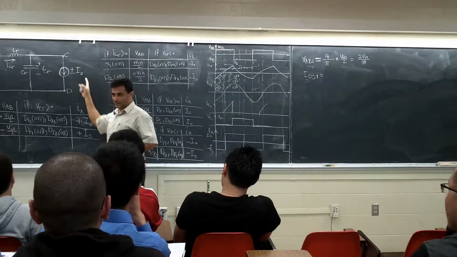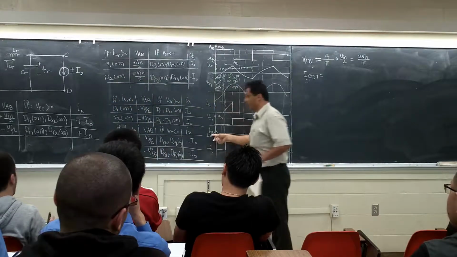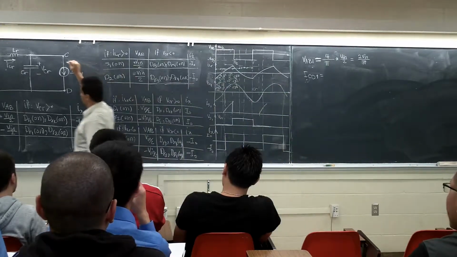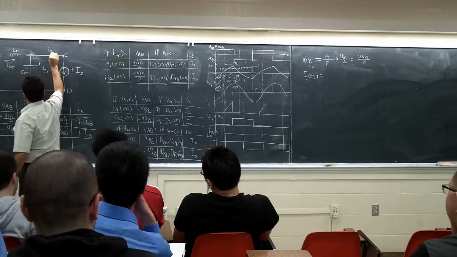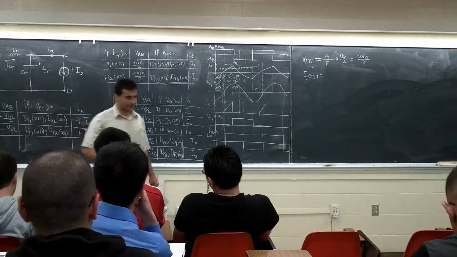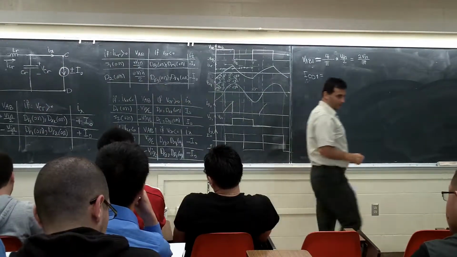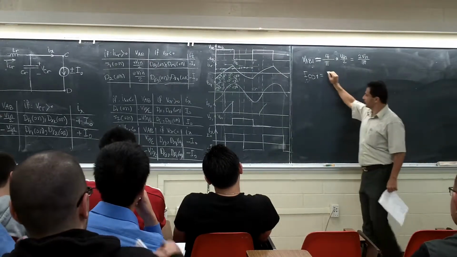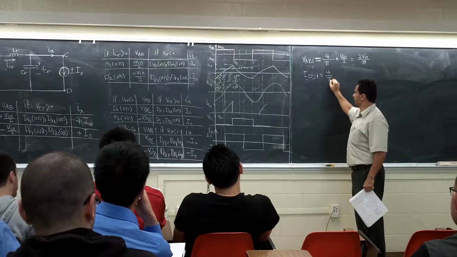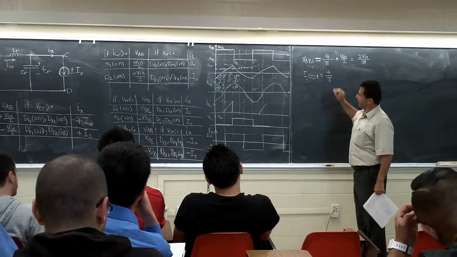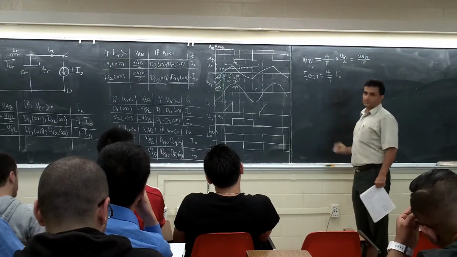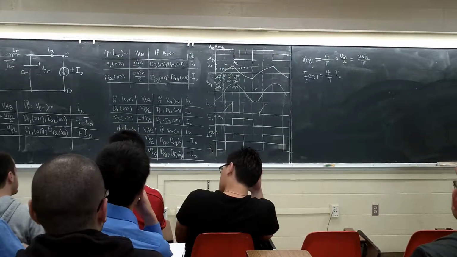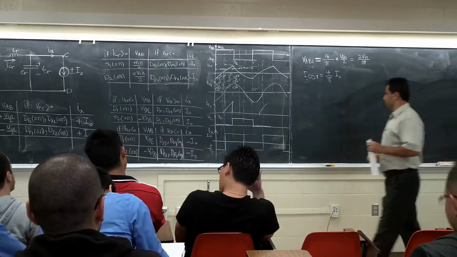This is the ICD, right? And this is the Ix. Basically, the Ix is the ICD, right? How much is the fundamental of ICD1? Isn't it 4 over pi I0? That's a Fourier transform, right? So now we know ICD1.